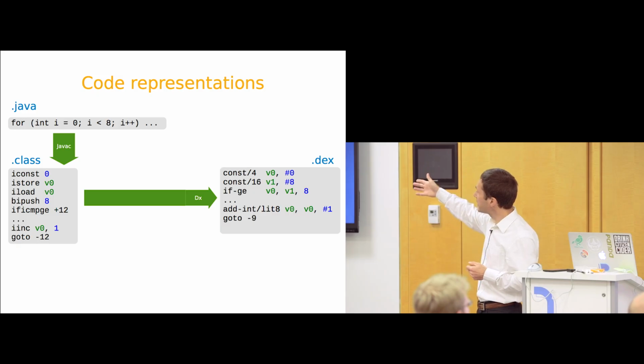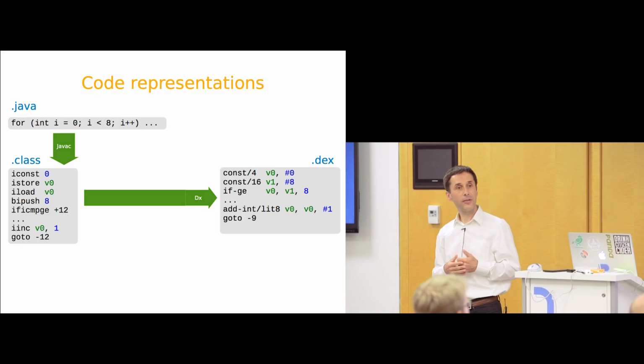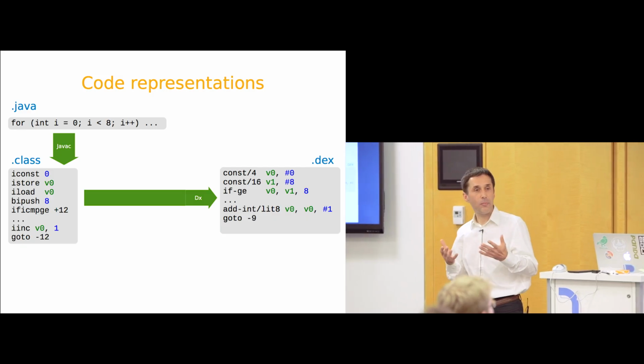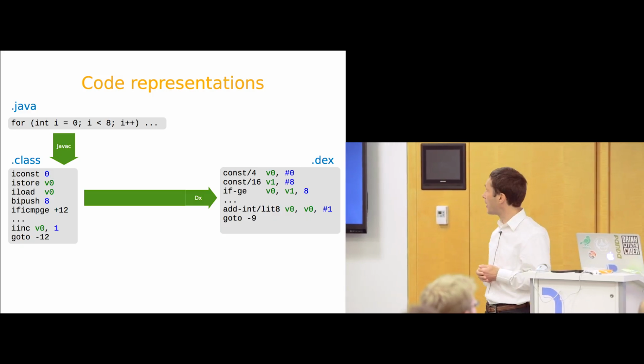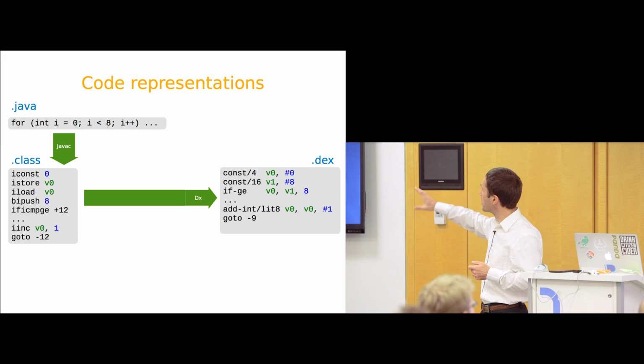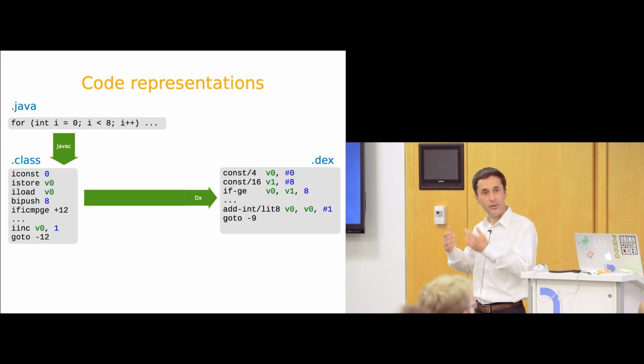If that gets translated to a class file containing Java bytecode, it might look like this, containing assembly-like instructions for the Java virtual machine. This is a stack-based virtual machine, so it's compact and easy to evaluate. I won't go into the exact meaning here, but it gives you a flavor of what is inside there.